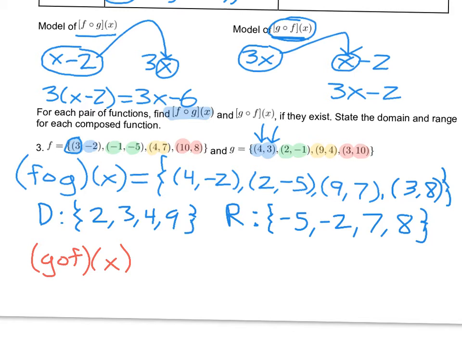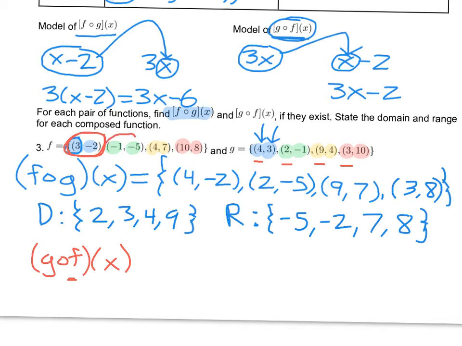So you always start with the second letter in the composition. It is 3, -2. Then we look for a -2 in the x for the g coordinates. There is no -2, so that one doesn't work.